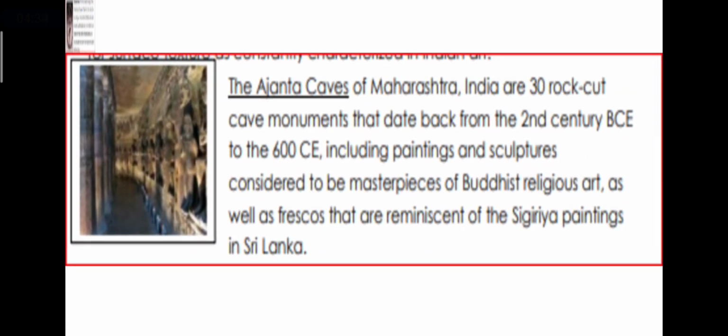The Ajanta caves of Maharashtra in India are 30 rock-cut cave monuments that date back from the 2nd century BCE to 600 CE, including paintings and sculptures considered masterpieces of Buddhist religious art, as well as frescoes that are reminiscent of the Sigiriya paintings in Sri Lanka.